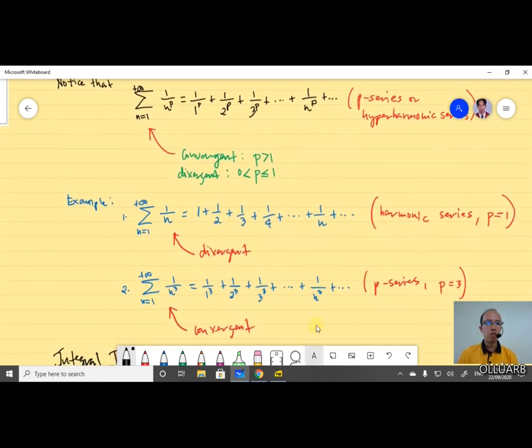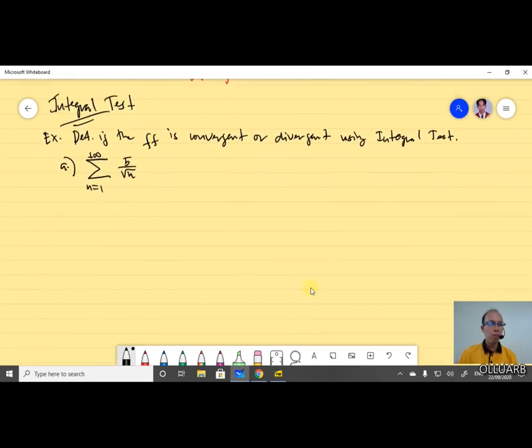Okay, continuous. But before that, let's recall your calculus 1. This is about continuity. This is the first definition that you are going to remember.